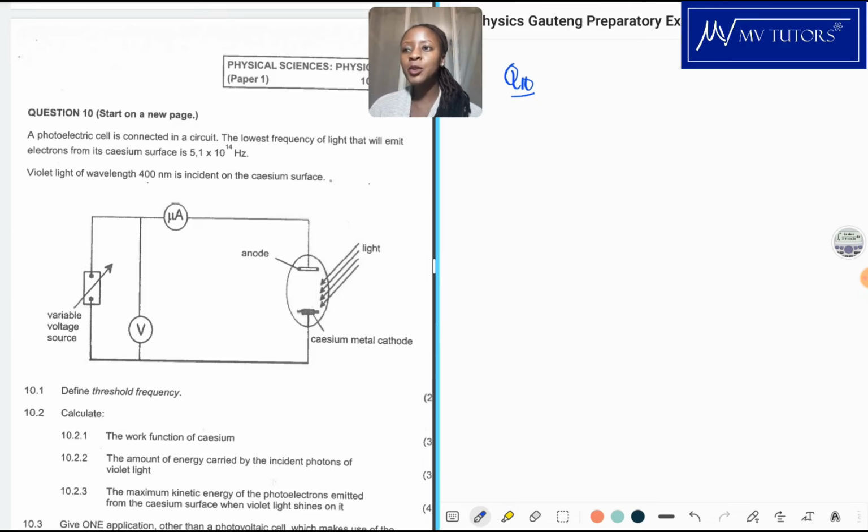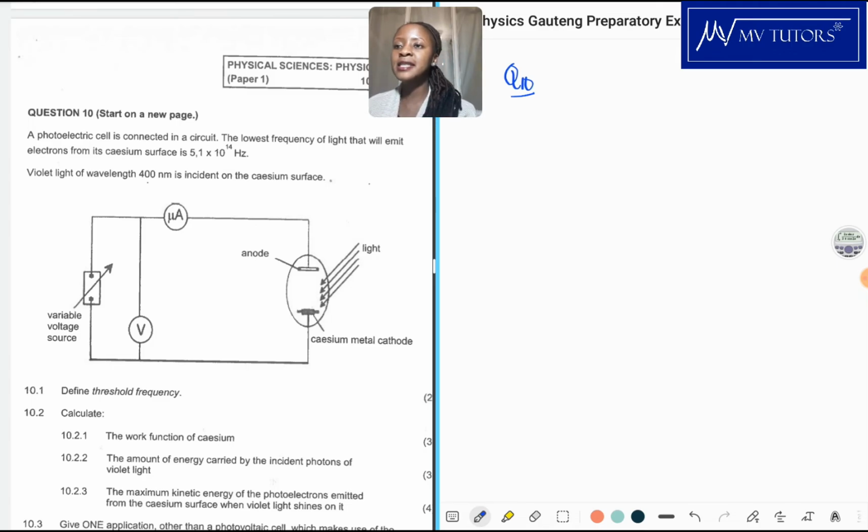So it says a photoelectric cell is connected in a circuit. The lowest frequency of light that will emit electrons from its cesium surface is 5,1 times 10 to the 14 hertz. Okay, violet light has a wavelength of 400 nanometers and is incident on the cesium surface.